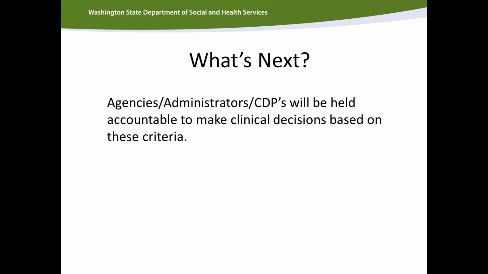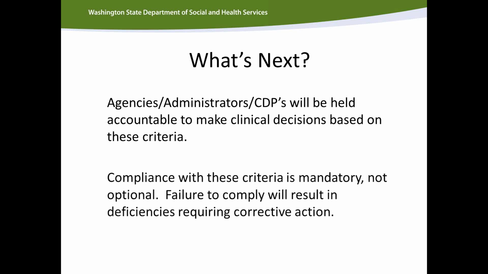Because all of our survey staff are ourselves chemical dependency professionals, we also have to ensure that those people who are not doing this, depending on the severity of it, could be reported to the Department of Health. Compliance with these criteria is mandatory. It's not optional. Failure to comply does result in deficiencies, and we do require corrective action.